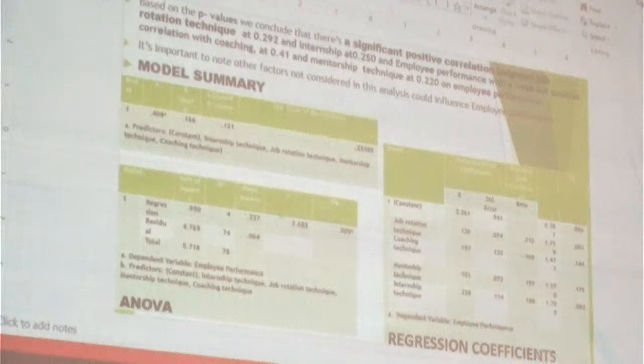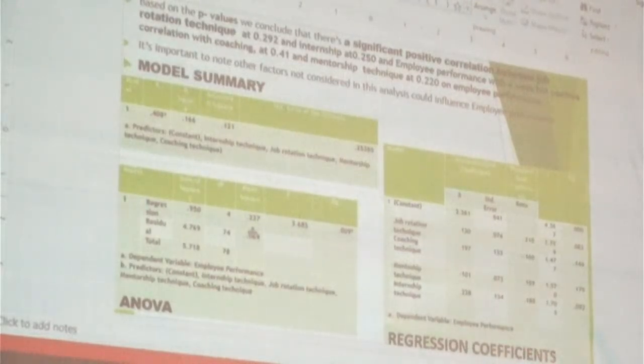When we move ahead with our model summary, which also shows the relationship between the predictors and the dependent variable, with R at 0.408 and our R square at 0.166, there's a positive but rather weak correlation between the predictors and the dependent variable.